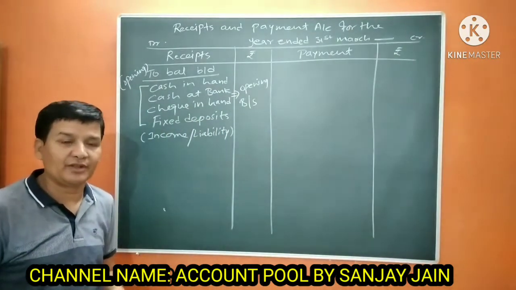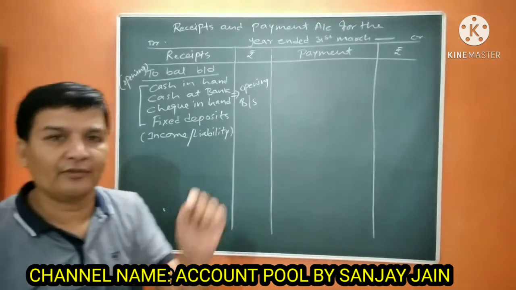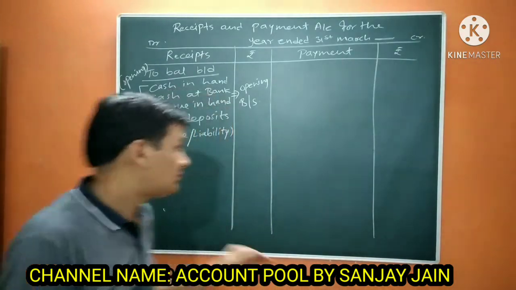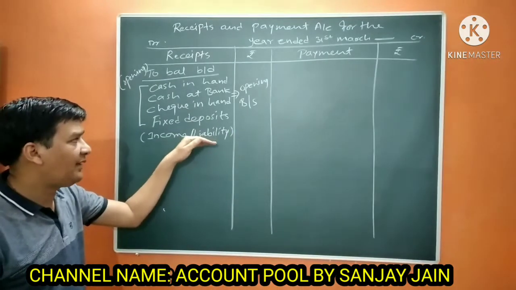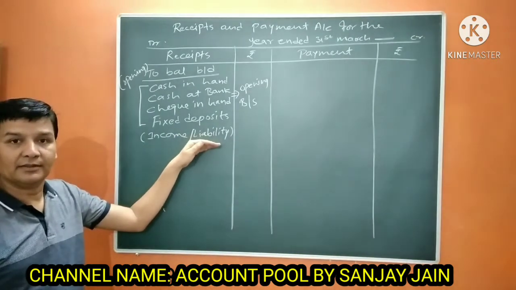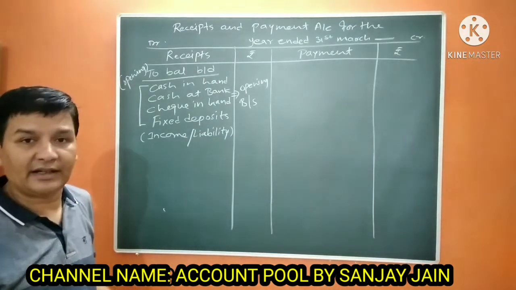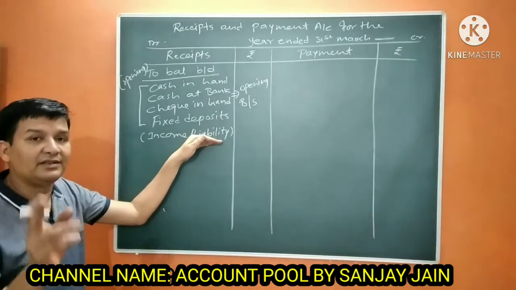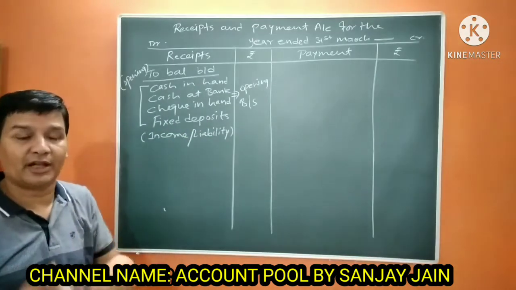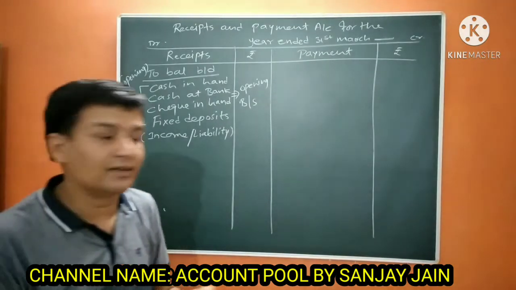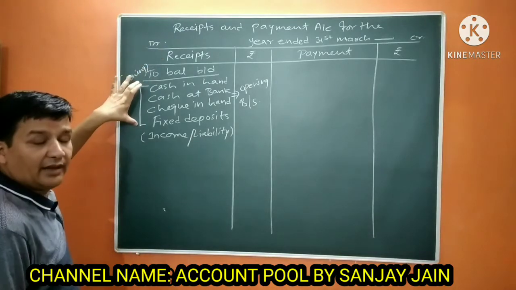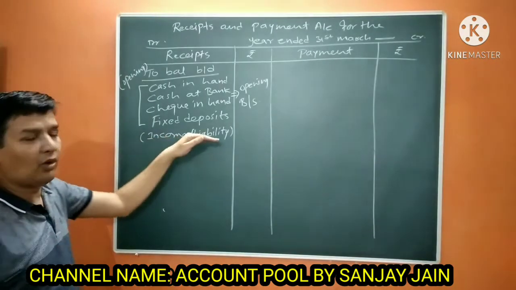Whereas life membership fees: I make a correction, it is not collected every year, but it is collected once in the lifetime of the member. So that is our liability. It is a capital receipt. We are not going to collect it on a regular basis. Okay, so we can bifurcate the receipts as income or liability.